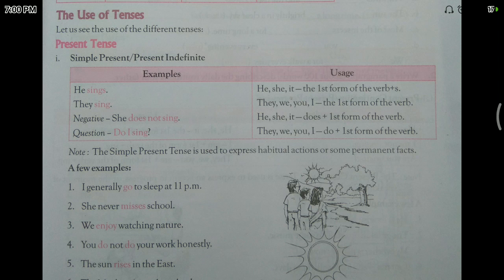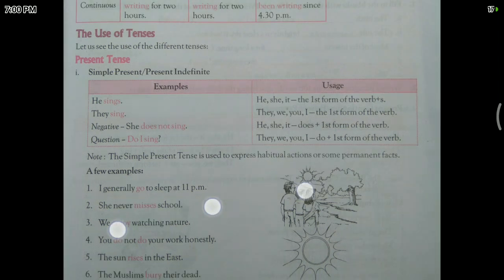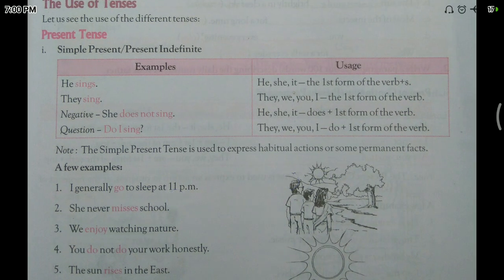Now let's talk about the present tense, and especially present simple or present indefinite, in detail. We can see through the example, he sings, the usage: he, she, it, the first form of the verb plus s or es.